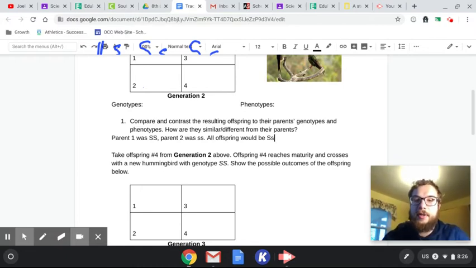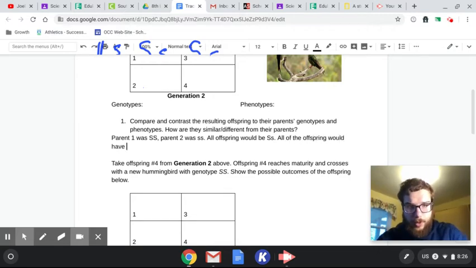So that's one difference in terms of genotype. Now, phenotype-wise, let's see. All of the offspring would have what kind of beak? Short beaks. Parent 1 was short beak. Parent 2 was long beak.